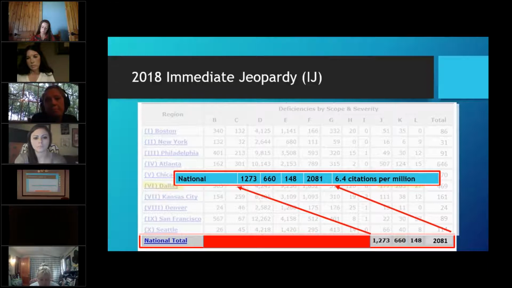The national average in 2018 was 6.4 citations per million. So we're just a million or so above that, which is not necessarily great.